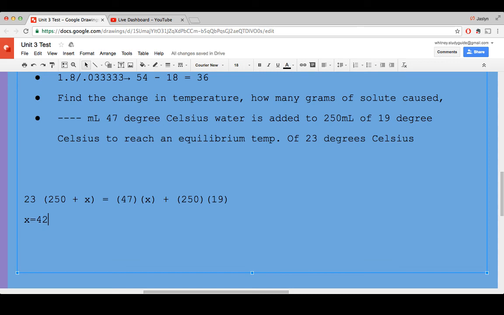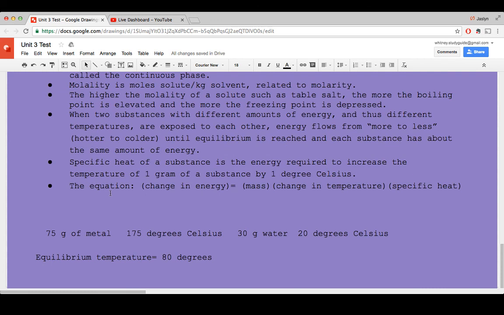Okay. So I'm going to go back to the specific heat metal problem. You have 75 grams of a certain metal. We don't know what metal it is. We don't know the specific heat. That's what we're trying to find. And this metal is 175 degrees Celsius. And you add it to 30 grams of water. And this water is 20 degrees Celsius.